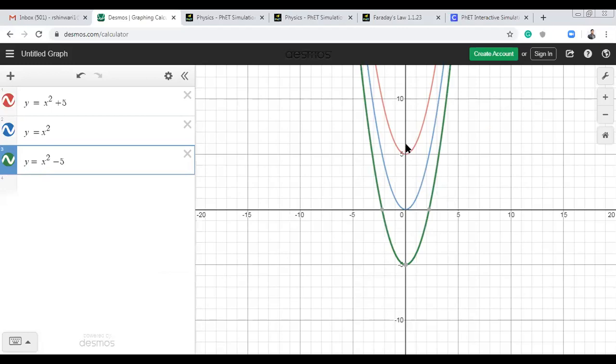This is shifting upward, and this one is shifting downward. So what you need is to add any constant number with the total function. The function was y is equal to x square, so you add plus 5 or you subtract 5. In this case, you are shifting the graph upward and downward. Clear, guys? This is vertically shifting.